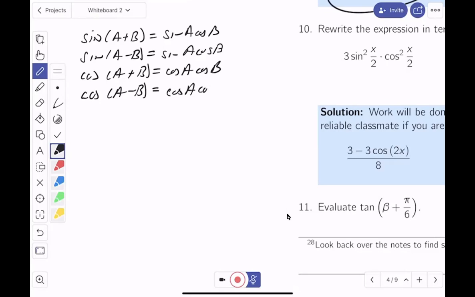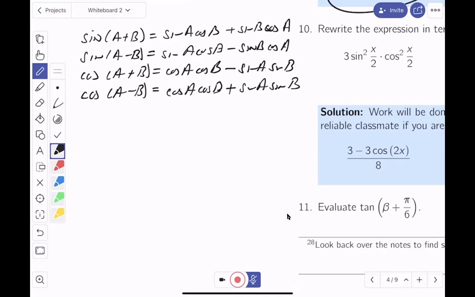Cosine A, cosine B, plus sine B, cosine A, minus sine B, and going to be cosine A minus sine A, sine B. I'm sorry, not minus, plus sine A, sine B. Again, it has something to do with those 4. All right, so let's take a look.